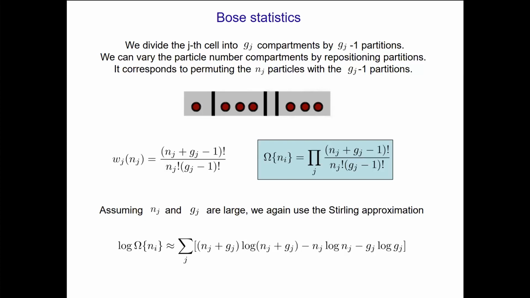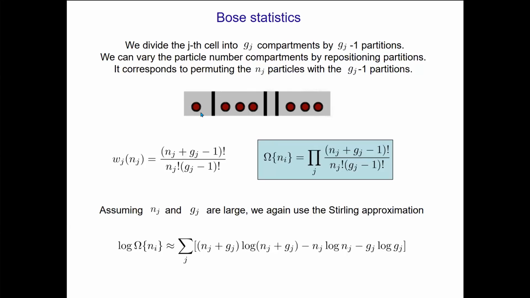So what we basically want to do is this: we have Gj quantum states in a particular cell j, and particles can occupy any particular state as many times as they like, okay?